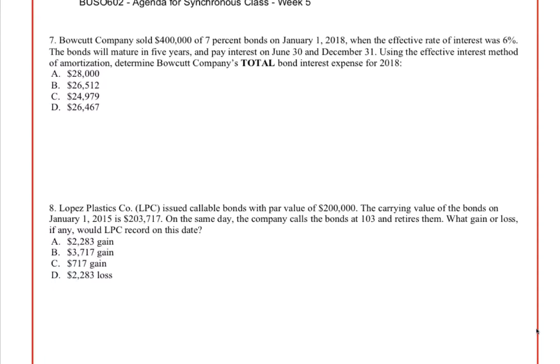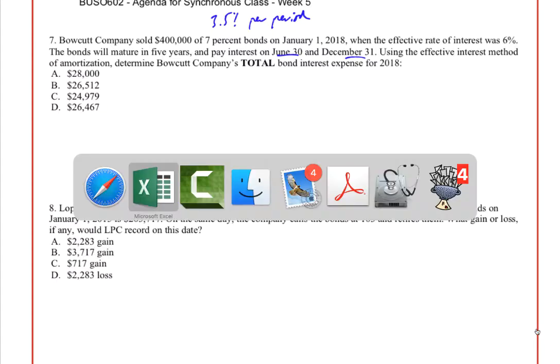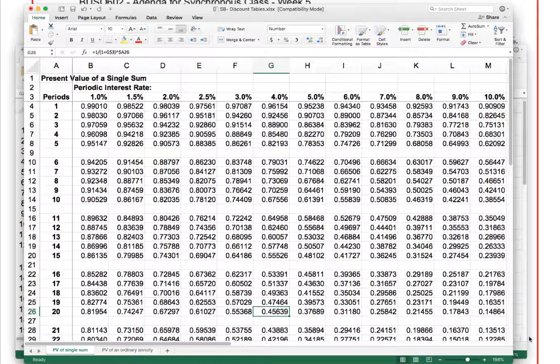So what's the issue price of the bonds? Again, 7% interest. Is it semi-annually? Yes, of course. So 7% is actually 3.5% per period. And I think I don't have tables to do 3.5%, do I? No, I don't.